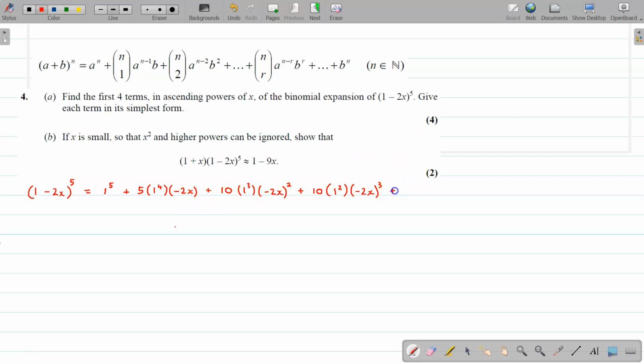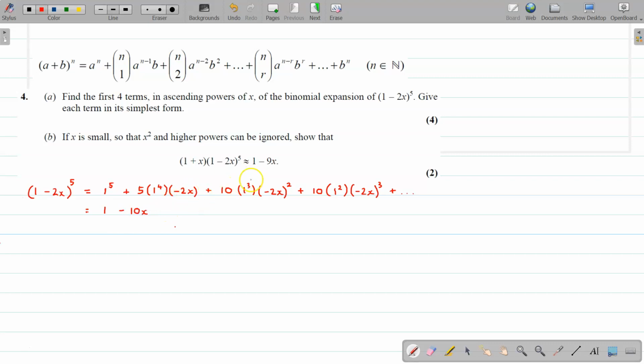I can put in my additional terms like that. Well, the first is obviously going to be 1. The second term works out to be 5 times minus 2, so it's actually minus 10x.